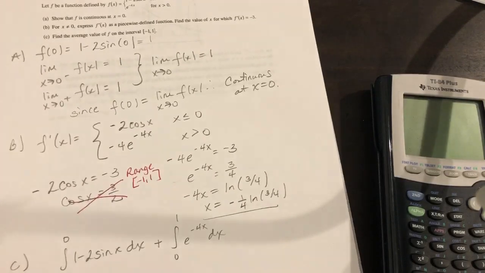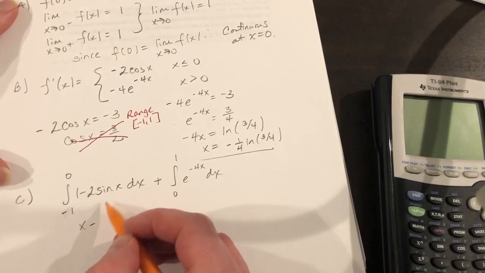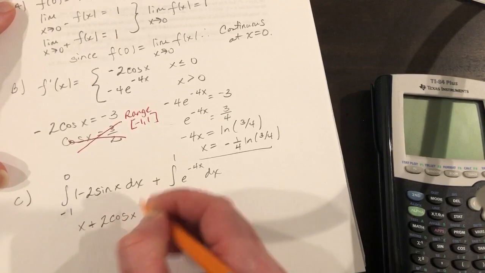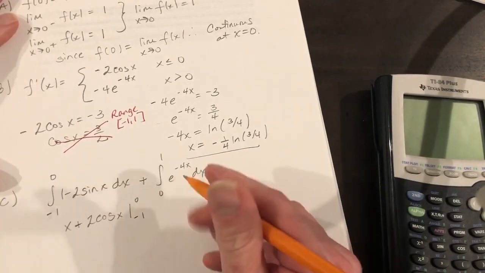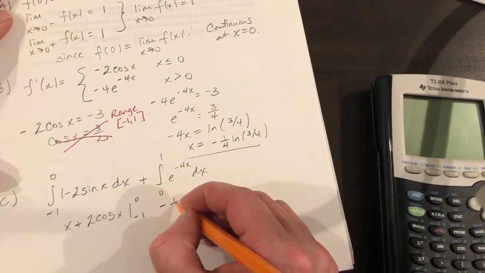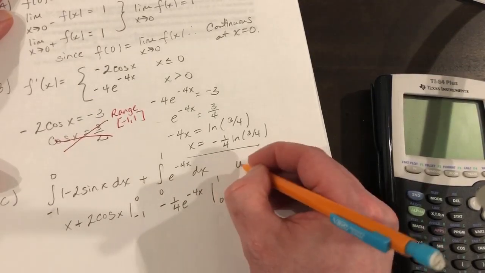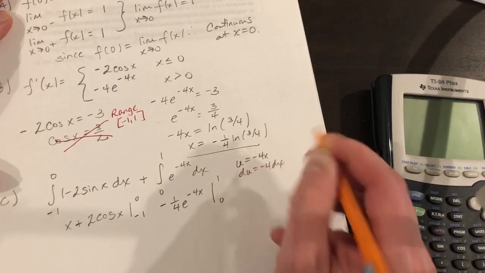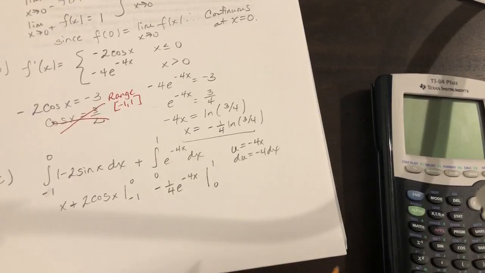Okay, so the integral of 1 is going to be x. The integral of this is going to be positive 2 cosine of x. Okay, the integral of e to the u du. You don't have the negative 4 in front, so we're going to divide. Don't skip that step. Your u is like that. Okay, so we're going to plug in our limits.